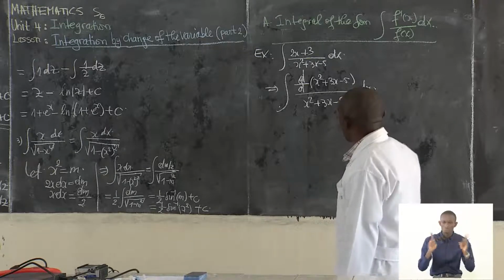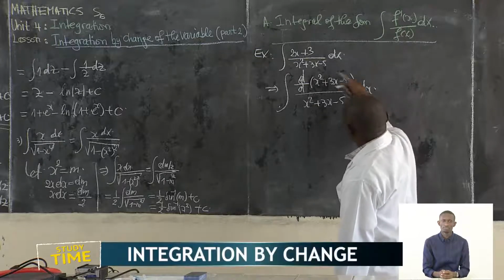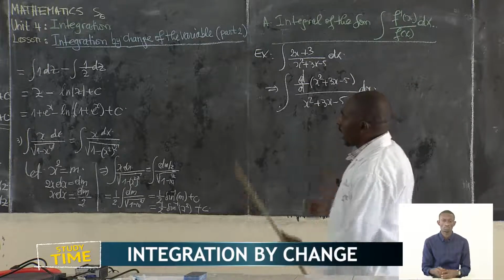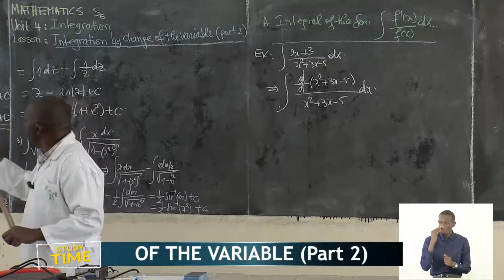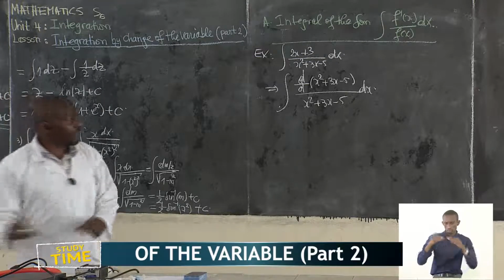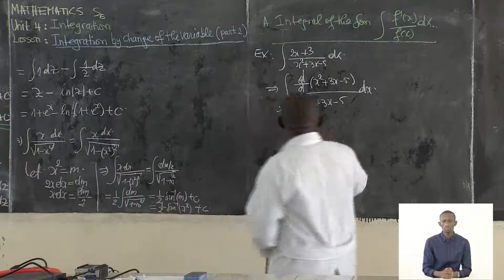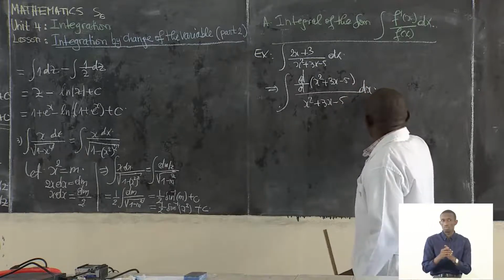As the numerator is the derivative of the denominator, this is ln of the denominator.